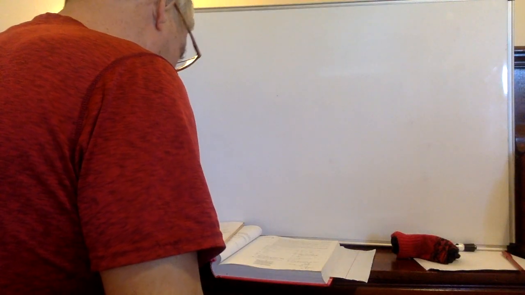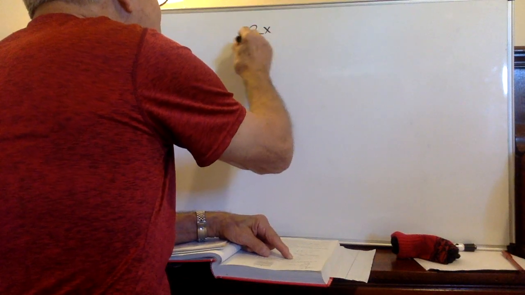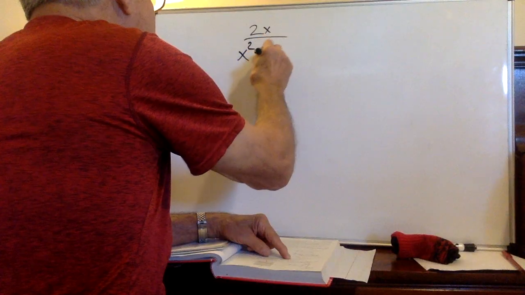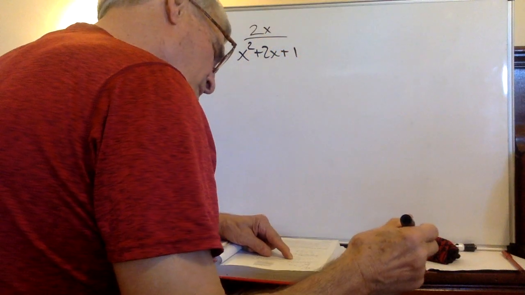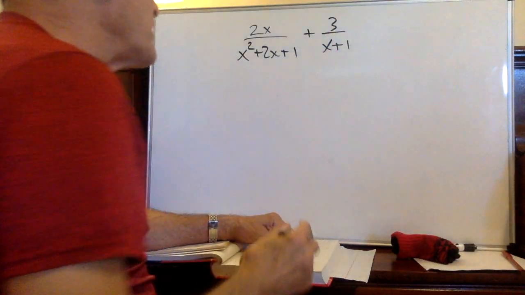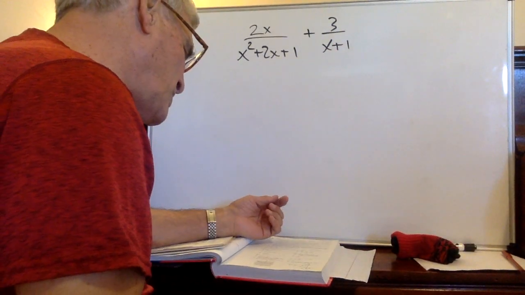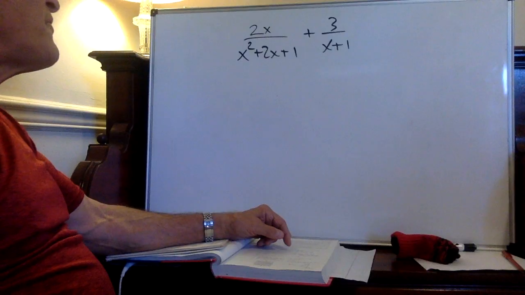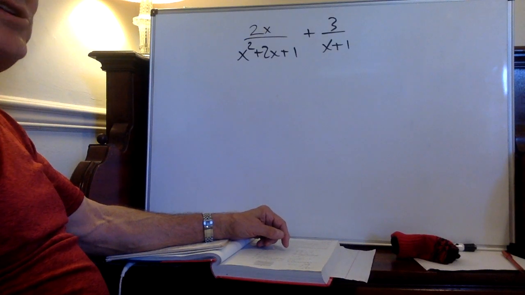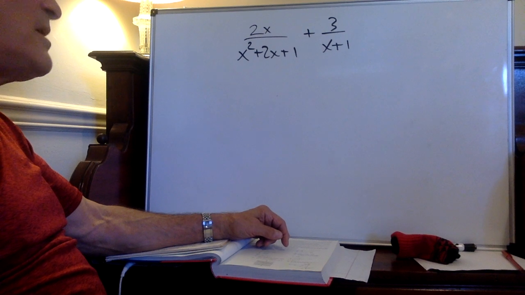Number 21, you started with 2x over x squared plus 2x plus 1 plus 3 over x plus 1. All right, when you are asked to simplify fractions, when you combine fractions by addition or subtraction, you have to have a common denominator.